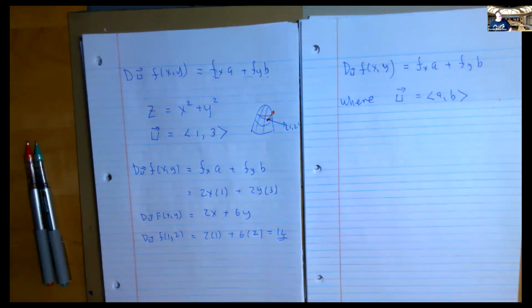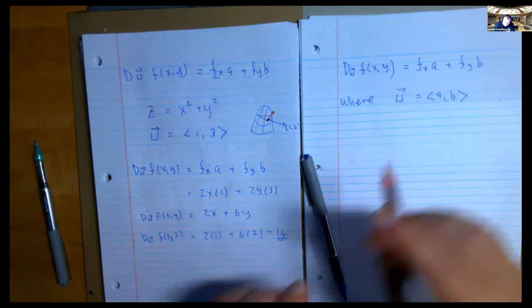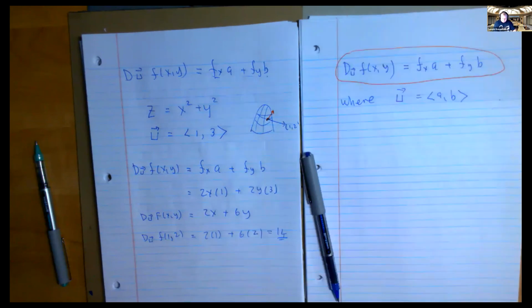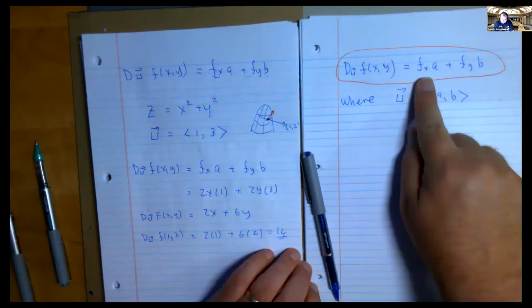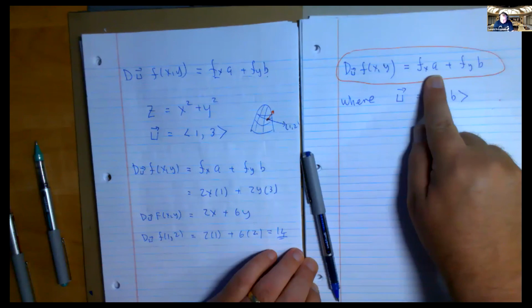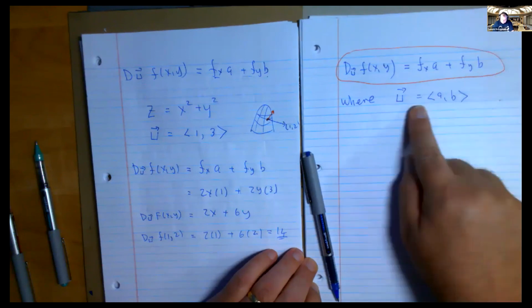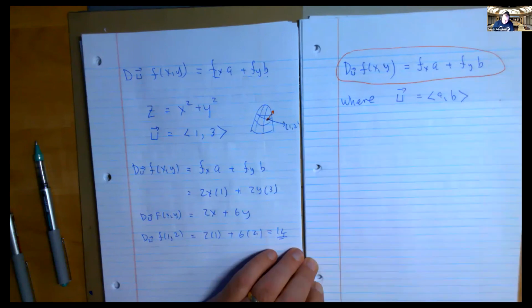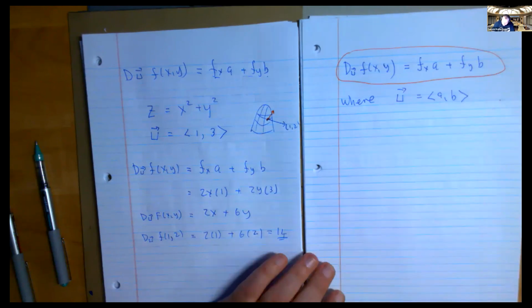Okay, to finish today, I'm going to take the formula for calculating a directional derivative, which is this formula. It's the partial derivative of x times a plus the partial derivative of y times b, where u is the a and the b. And I'm going to change it by giving you some new notation.